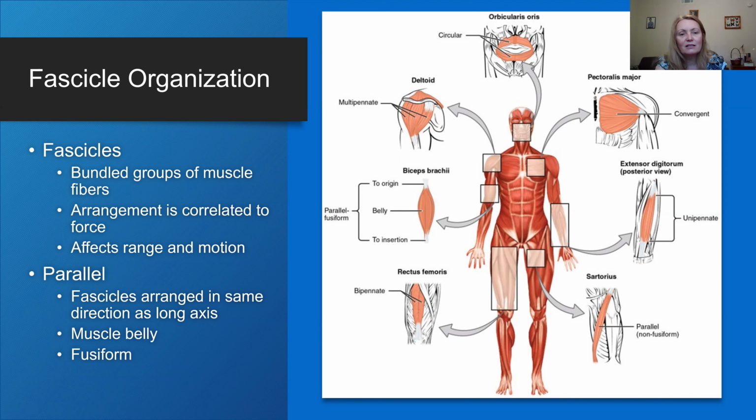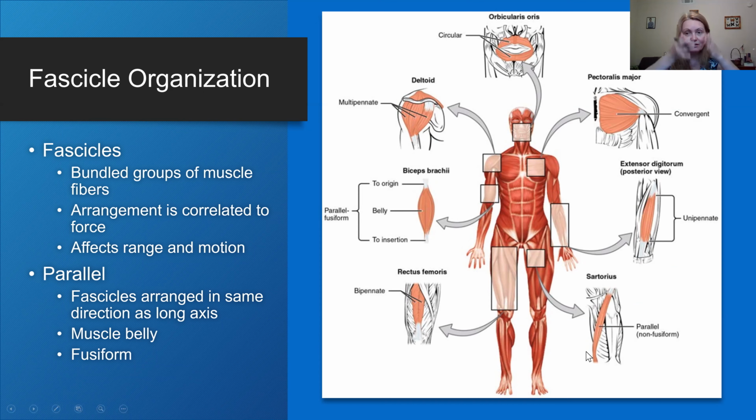So fascicles can be organized in a parallel pattern. Fascicles are arranged in the same direction as the long axis of a muscle. An example of a parallel muscle would be your biceps brachii, right? Or sartorius muscle over here.